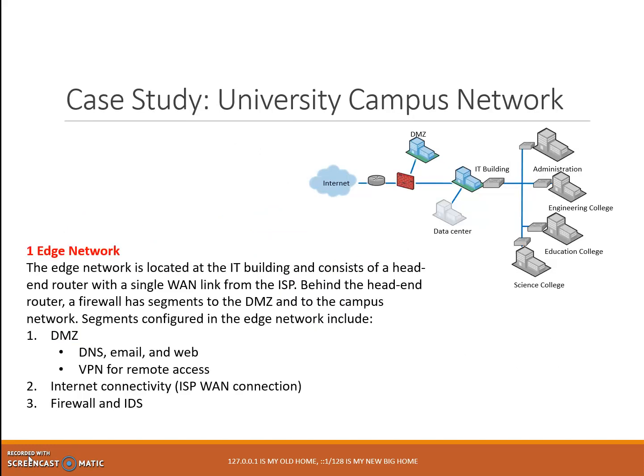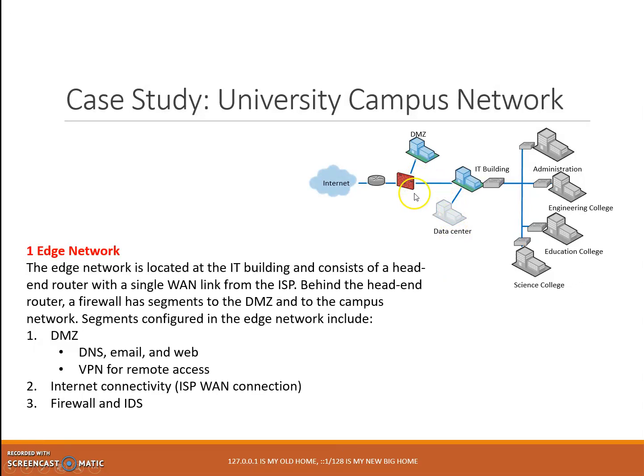Okay, the edge network is located at the IT building and consists of a head-end router with a single link from the ISP. Behind the router, a firewall with two segments, one segment to the DMZ and one segment to the campus network.